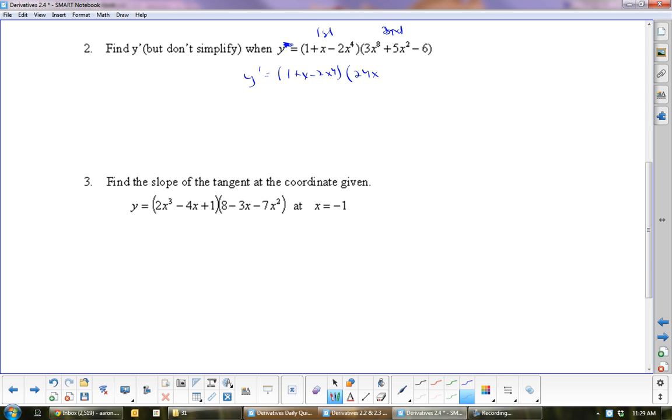24x to the 7 plus 10x, plus the second times the derivative of the first would be 1 minus 8x to the 3.